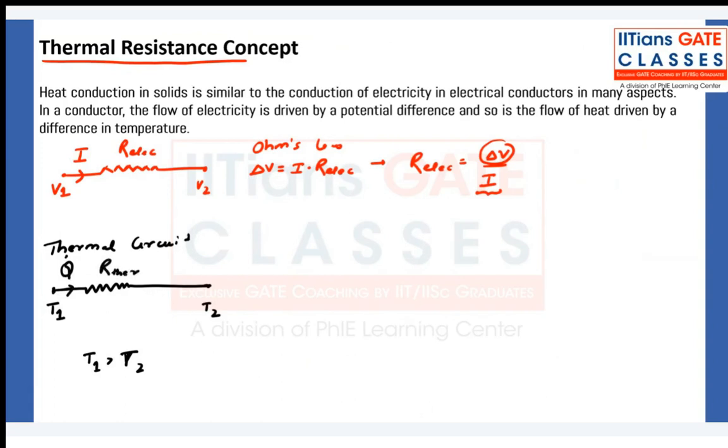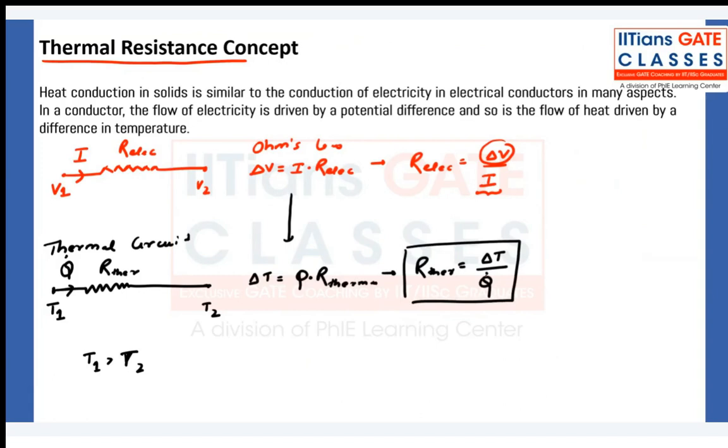By the same analogy, I can say that the change in temperature is equal to Q into R thermal. So R thermal is equal to delta T, the change in temperature, upon the rate of heat transfer. And what is the unit? Delta T is Kelvin and Q is watt, so thermal resistance is defined in terms of Kelvin per watt. Yes, Sean, that is correct. Kelvin per watt. Very nice.